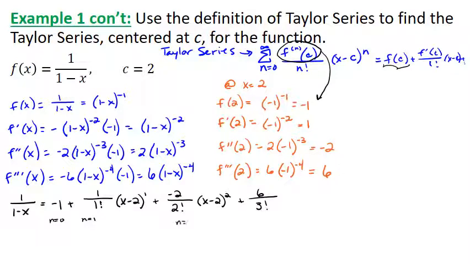So this is n equals 2, n equals 3, times the quantity x minus 2 cubed.